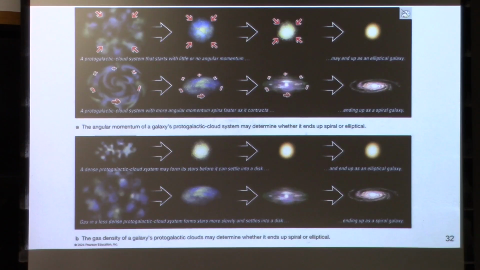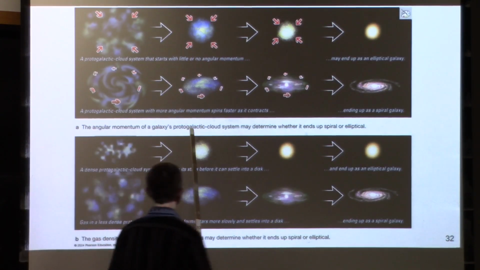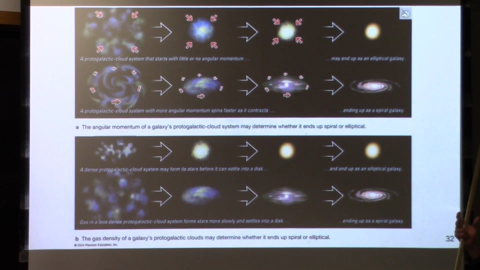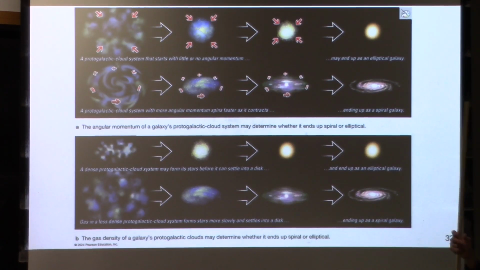And so the angular momentum of a galaxy's protogalactic cloud system, because not one single giant cloud, the evidence is that there's lots of protogalactic clouds that make little cute galaxies, proto-galaxies that then merge. The angular momentum of a galaxy's protogalactic cloud system may determine whether it ends up spiral or elliptical.